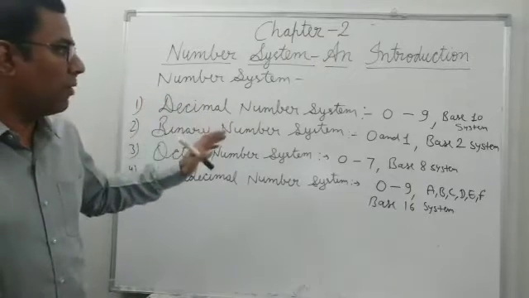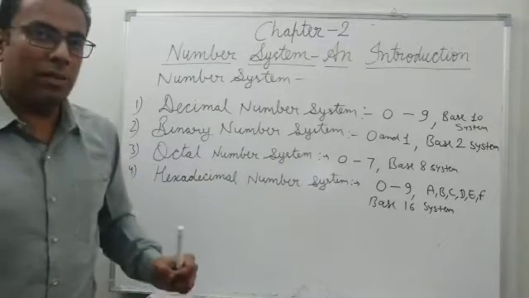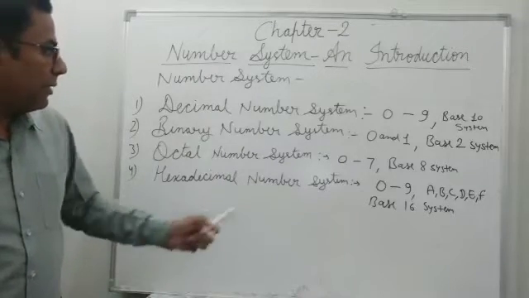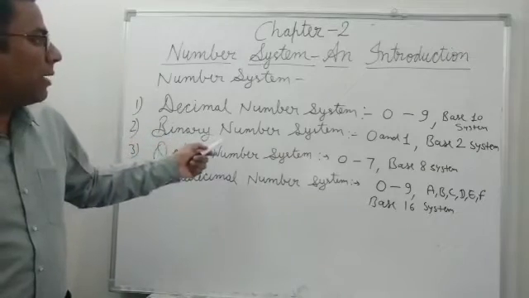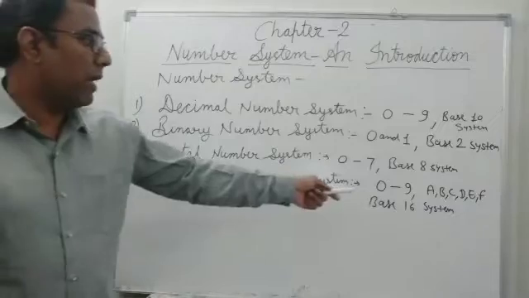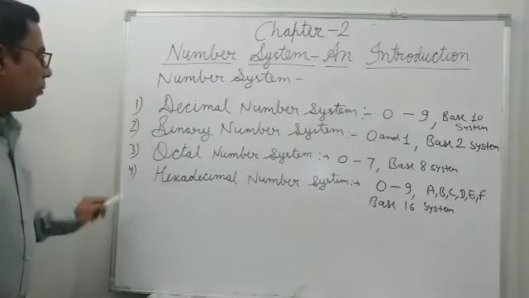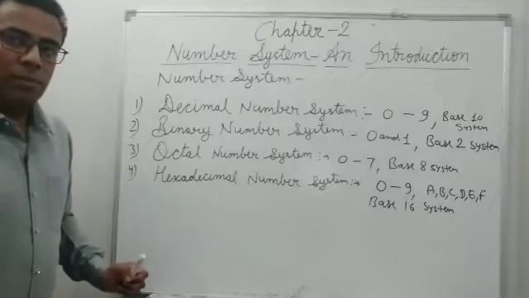Here only the base changes. It means in the binary number system we use base 2, and in the hexadecimal number system we use base 16. So these are the four types of number system.